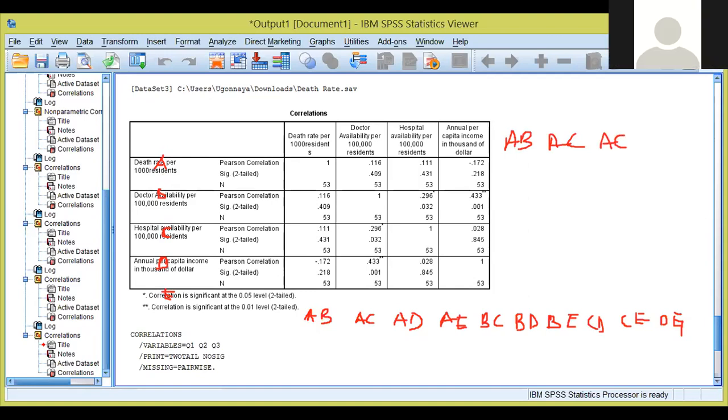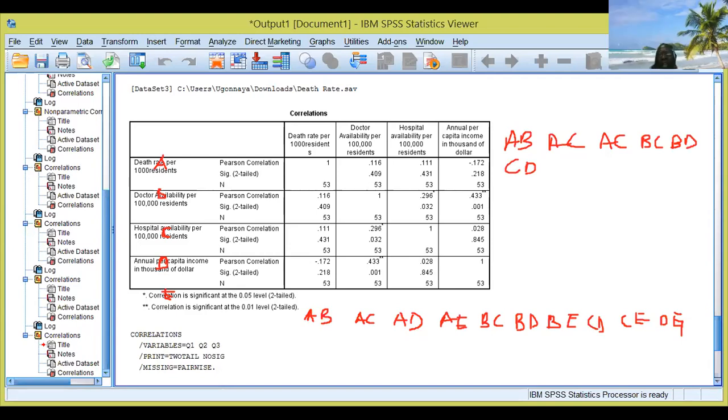And then there's B and C, B and D, that's 5. And C and D. Make it 6. Yes.